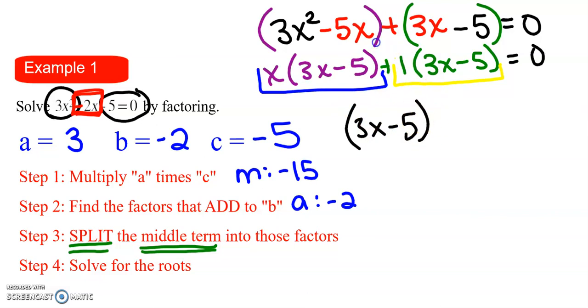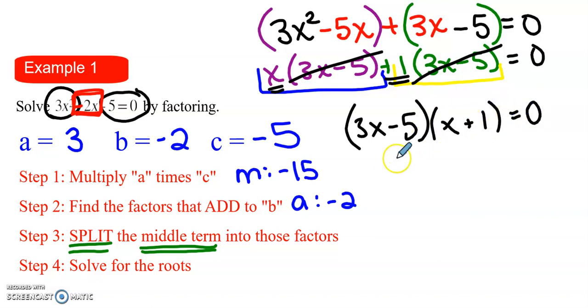A 3x minus 5. And when I take a 3x minus 5 out of here, I'm left with x. When I take a 3x minus 5 out of here, I'm left with a plus 1. Well, now I can use my zero product property. 3x minus 5 is equal to 0, or x plus 1 is equal to 0.